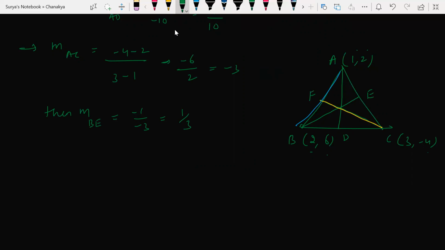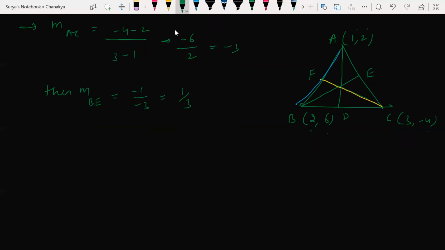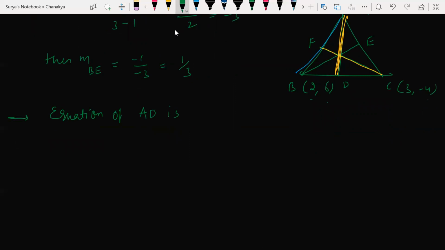Now look at this. Here, what I do is, we'll find out the equation of this AD. I don't know the equation of AD, right? Let's find out the equation of AD. The formula for this is, beta: y minus y1 is equal to m into x minus x1.